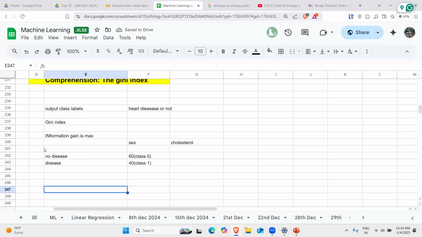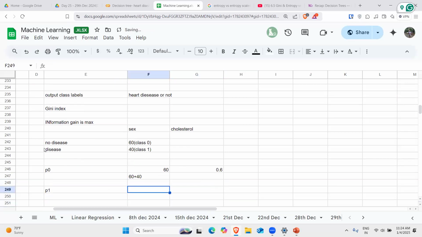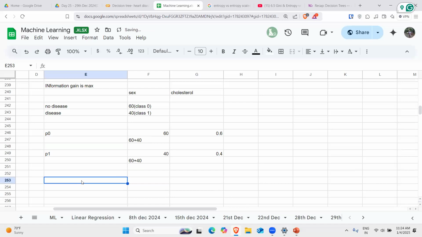Expressing this in terms of probabilities, the probability of 0 equals 60 divided by 60 plus 40, that is 0.6, and the probability of 1 is 40 divided by 60 plus 40, that is 0.4.